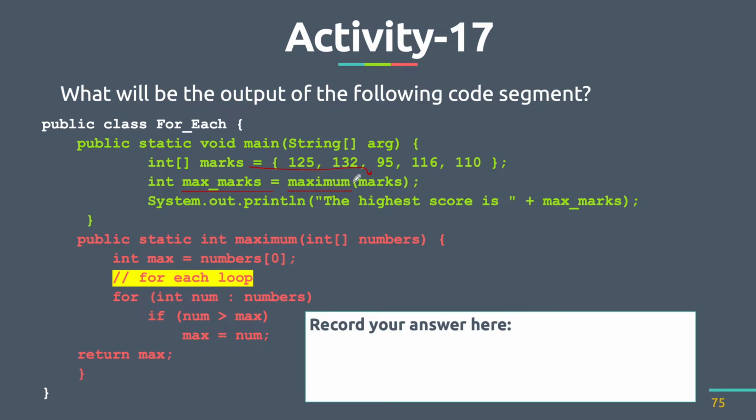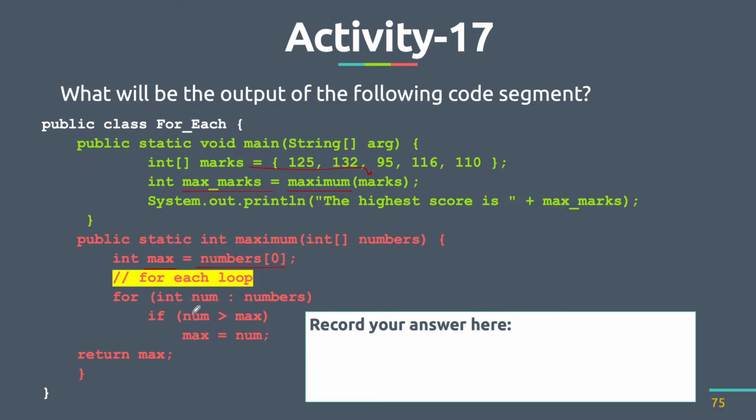So here we pass the marks to the maximum method, and in the maximum method we have a max variable. We start with the base index at 0, and then we have a for loop, which is an enhanced loop. It has an integer.